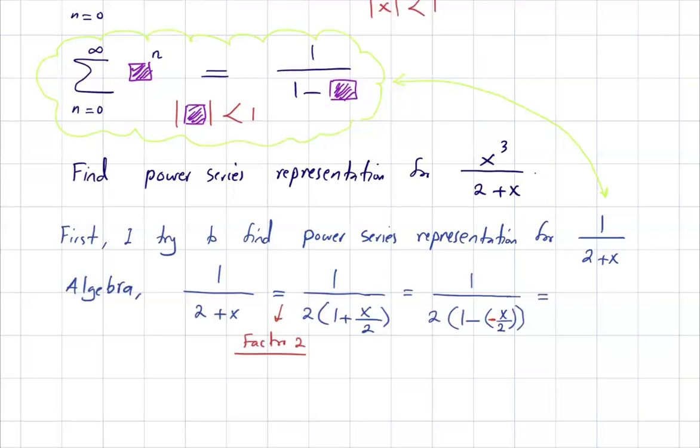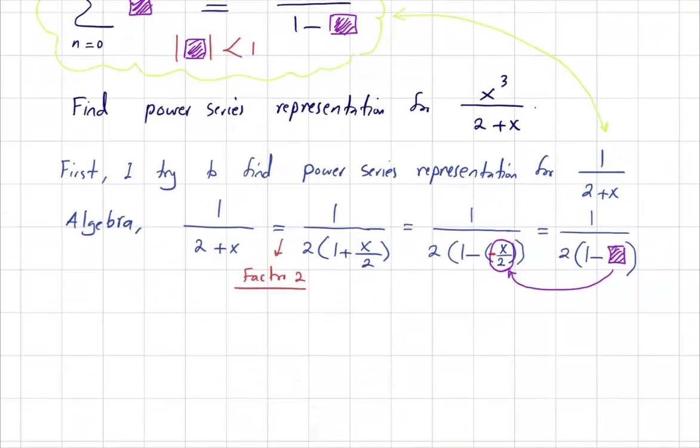So basically now you have 1 divided by 2 times 1 minus a quantity. And this quantity is nothing but negative x divided by 2. This box is negative x divided by 2 inside this parenthesis. Very good.